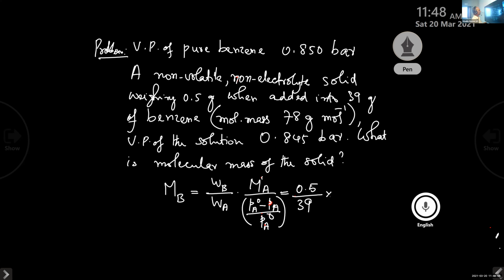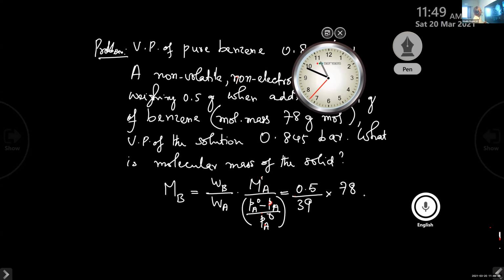What is the molecular mass of benzene? 78. Or you can calculate: the molecular formula is C6H6. If the molecular mass is not directly given, you have to calculate, for which you must know the molecular formula, C6H6. So fortunately it is given here as 78.